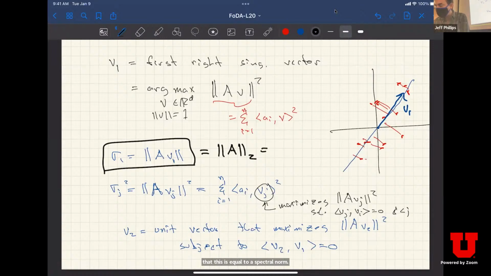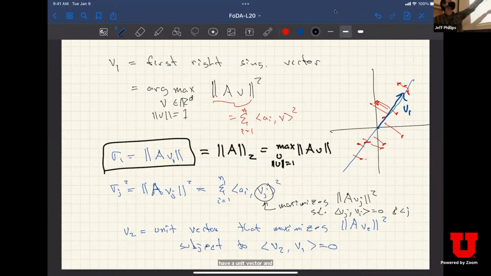Remember, this is the max over U such that U is a unit vector, of the norm of A U. If I have a unit vector and I multiply it by A and I take the norm, then the spectral norm of A is the norm of A multiplied by U, such that this is maximized.